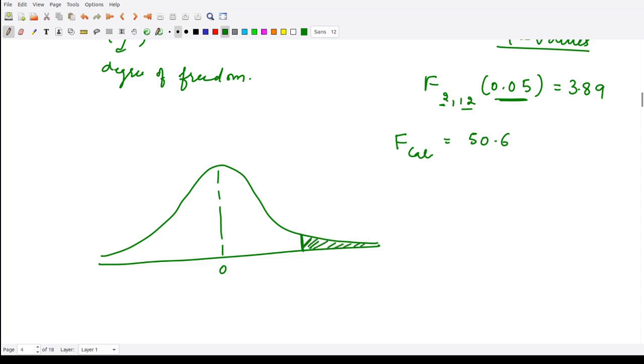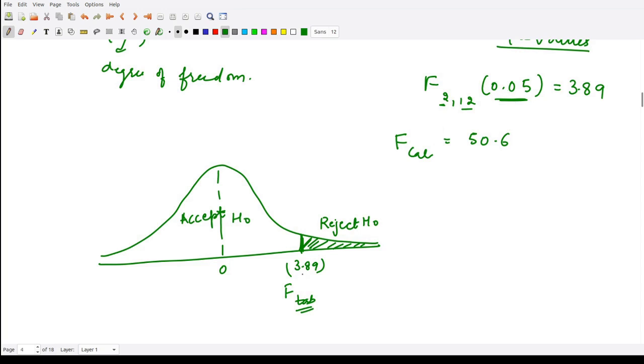If your value lies here in this critical region, we will reject our null hypothesis, and if your value lies in between the region except the critical region, we will accept our null hypothesis. So in this case, this value according to the table is 3.89. This is the F tabulated value at 2, 12 degrees of freedom at 5% level of significance.